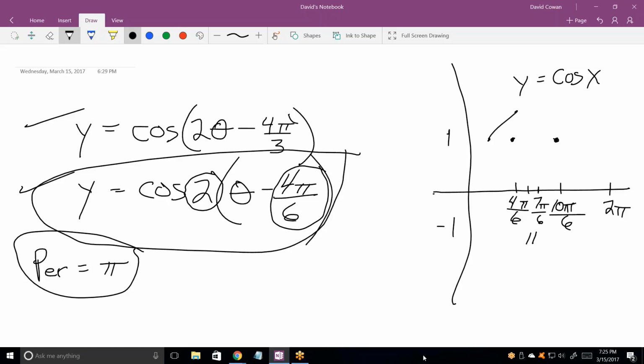Add them together, divide. You get 11 pi over 12. Okay. We find this quarter point, do the same thing. Add them together, you get 17 pi over 12. Okay.